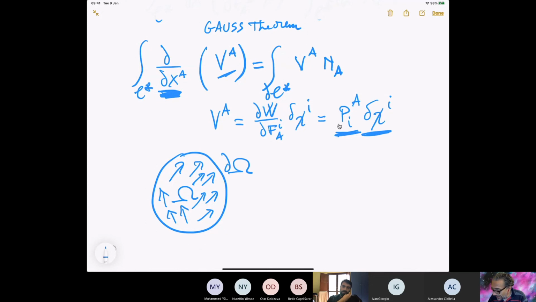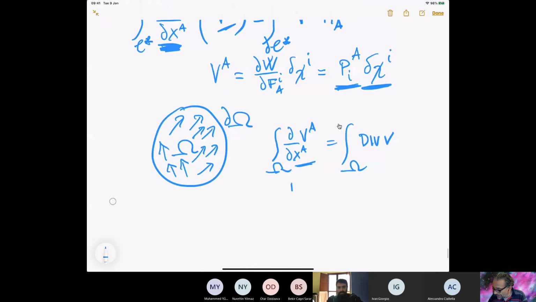And I have the integral of d over dx_A of the vector V^A in omega. This is also called the divergence of V. This integral, which is a volume integral, is equal to the integral on the boundary of V^A n_A.